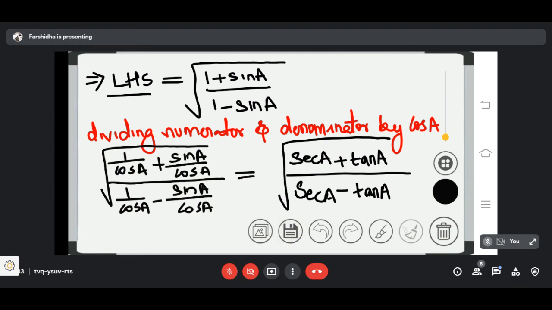Okay, so we got root of sec a plus tan a divided by sec a minus tan a.